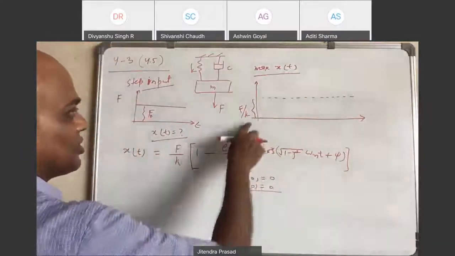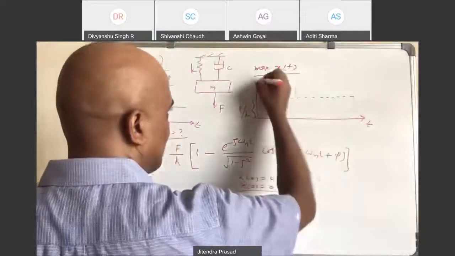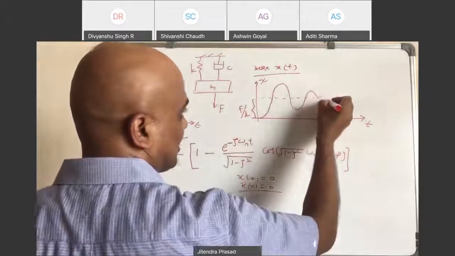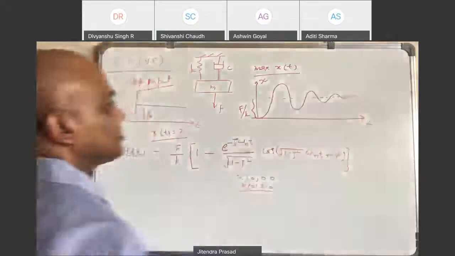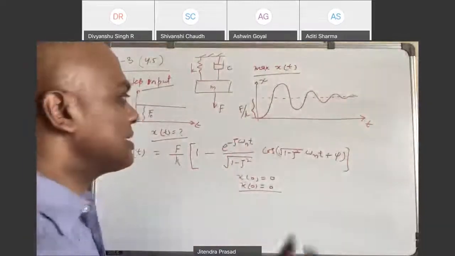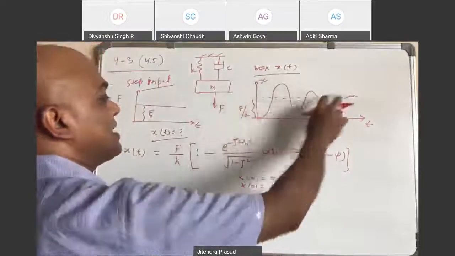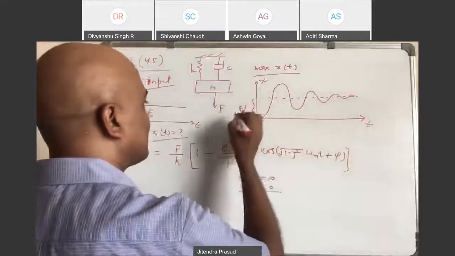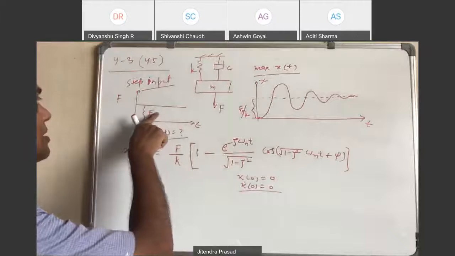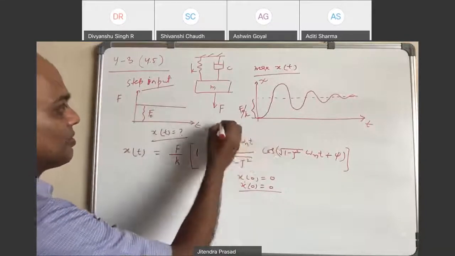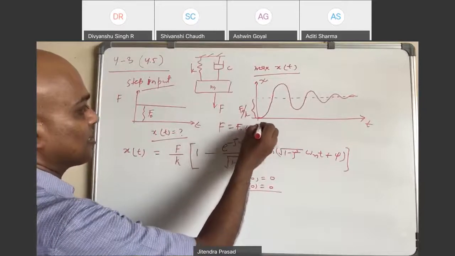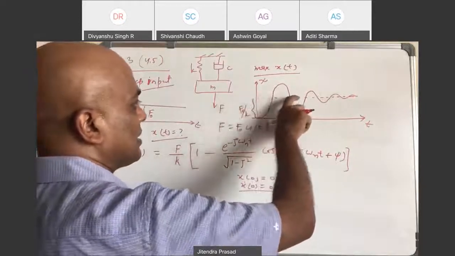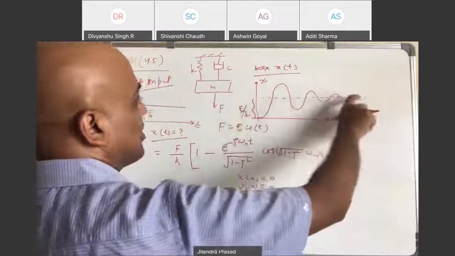You are at x equal to 0, so it starts from here, goes up like this, and then settles. It starts from 0, goes up and finally settles at F naught over k, because F equals F naught times the unit step function. In the long term, it settles at this value.